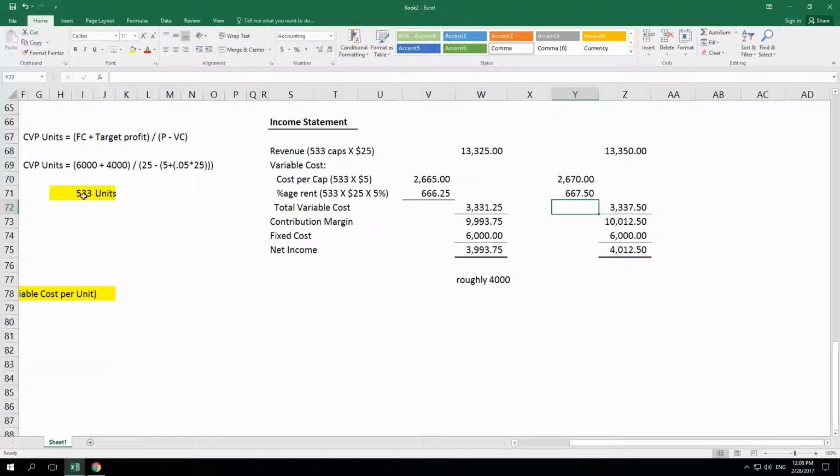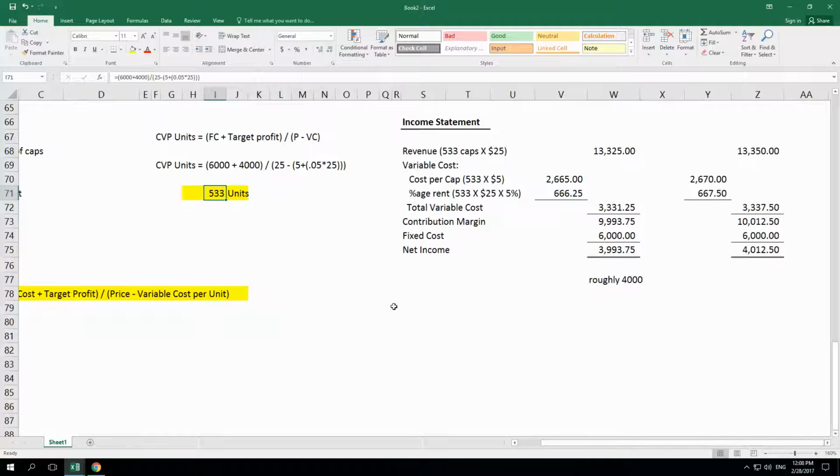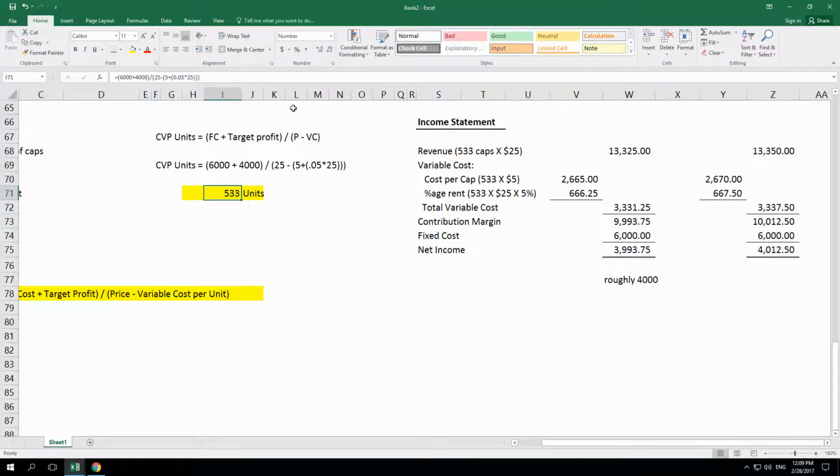Yeah, it was like 533 and like 1/3 or whatever they had for it. Yeah, because the rounding is over here. Right? So if we show all the units here, all the decimal places, see, 533 and a third.